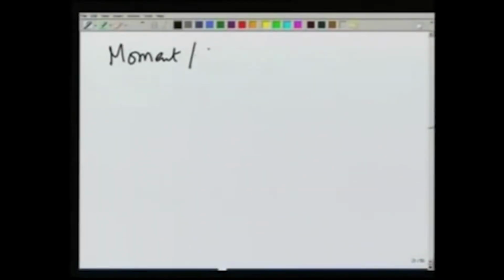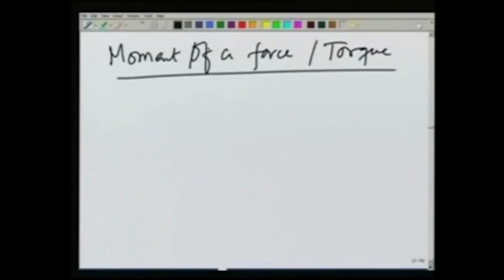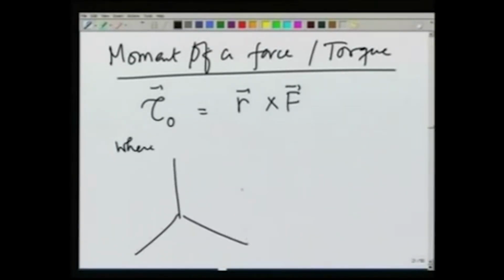As indicated earlier, the moment of a force, or torque, is given by R cross F, where R is a vector from the origin to any point on the line of action of the force.